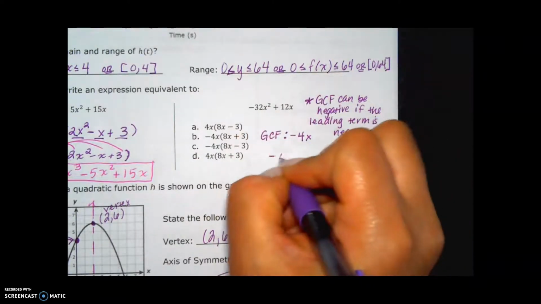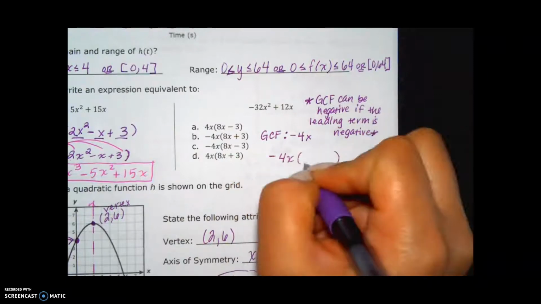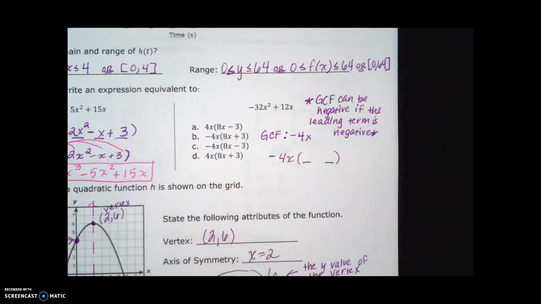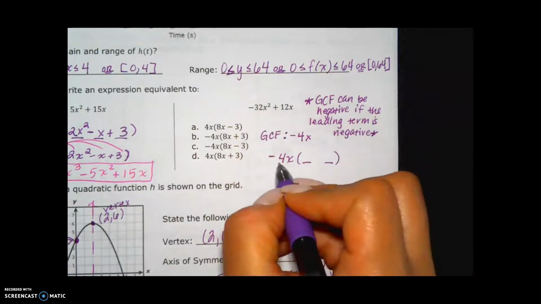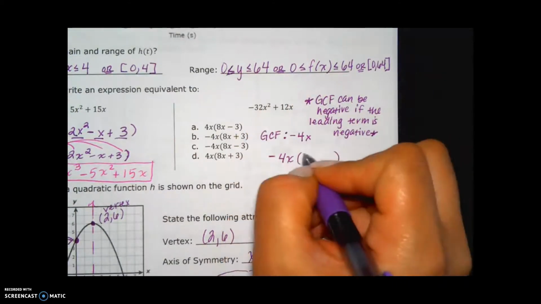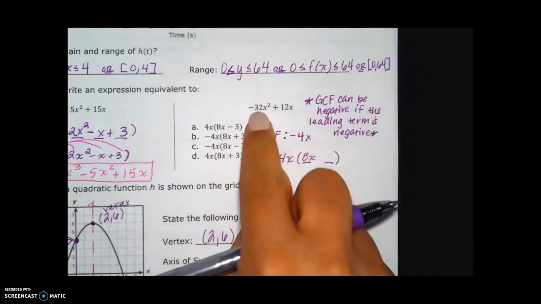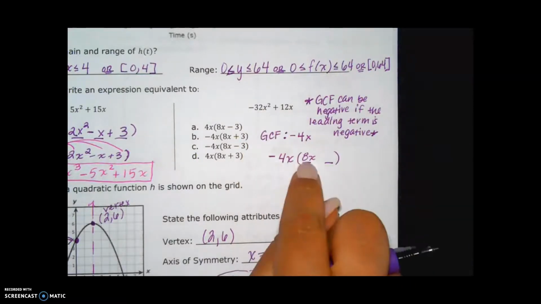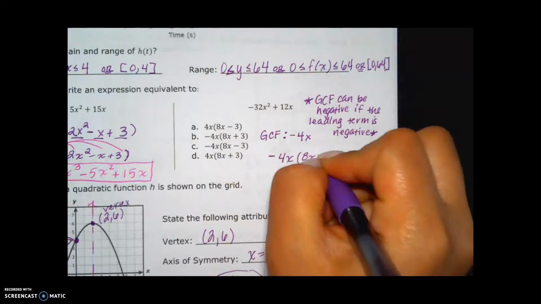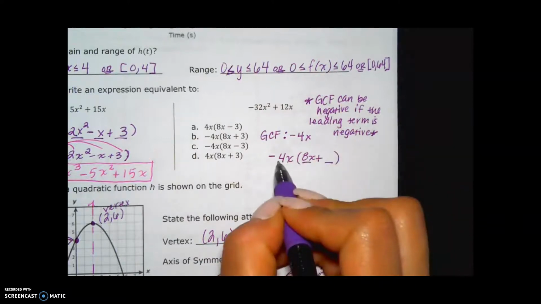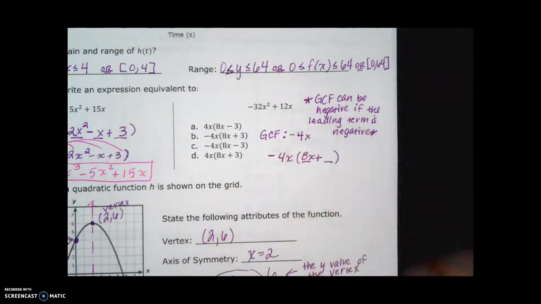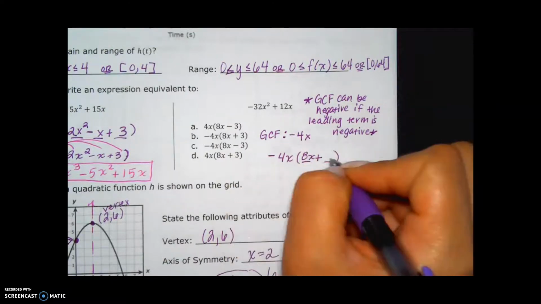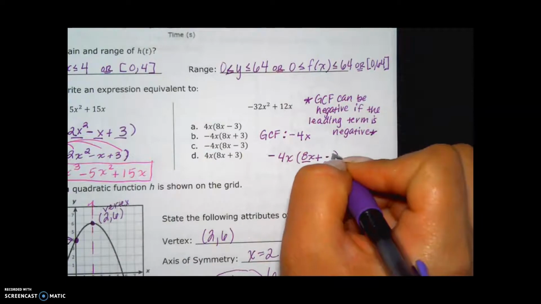So then I ask myself, what two numbers in the parentheses will I multiply by to get my original polynomial? Negative 4x times positive 8x, that's going to give me negative 32x squared. I'll bring down that plus sign. Negative 4x times something is positive 12x. Well, I need a negative here, so I need a negative 3.